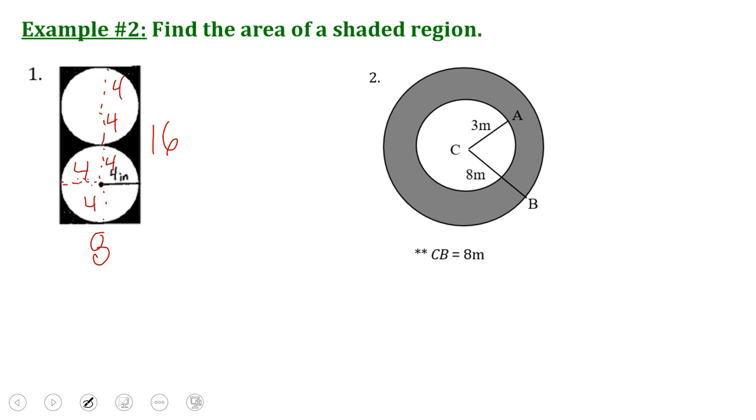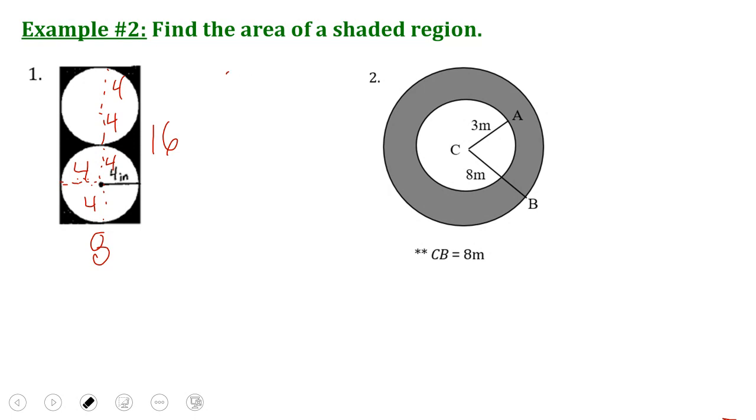So 16 times 8, that's going to be our rectangle. 8 times 16. Oh my goodness.